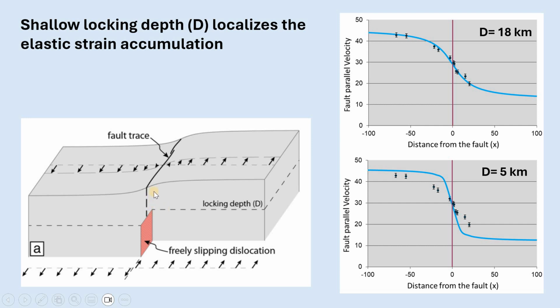If you bring this locking depth up very, very shallow, it essentially means that this free motion of the plates is happening very, very shallow. And so you much more quickly restore your surface velocities to that plate rate. Whereas if you have a deep locking depth way down here, you spread out that locking over a longer distance.